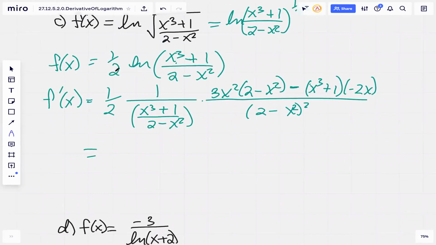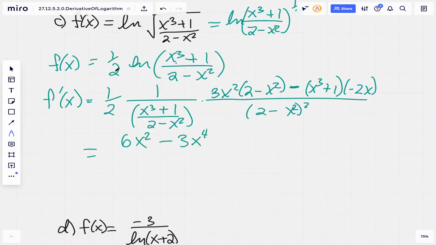Okay. Let's see. Okay, in the numerator, we have 6x squared minus 3x to the power 4.